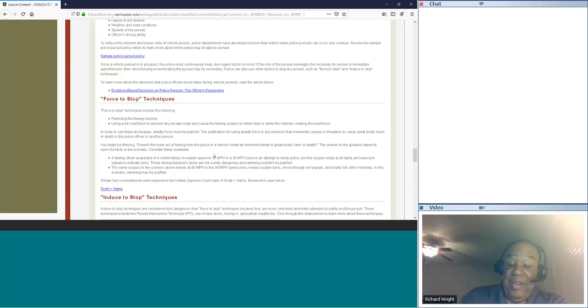But in the United States Supreme Court, in the Scott versus Harris case, there are some facts that are involved in terms of the situation overall, and the Supreme Court laid out the rules. Here are some examples. A fleeing driver suspected of a violent felony speeds at 45 in a 30-mile-per-hour zone to elude. But the suspect stops at all lights and uses turn signals, which hardly ever happens.